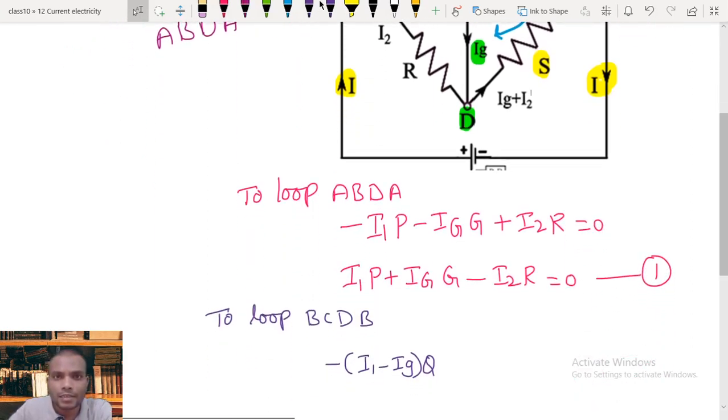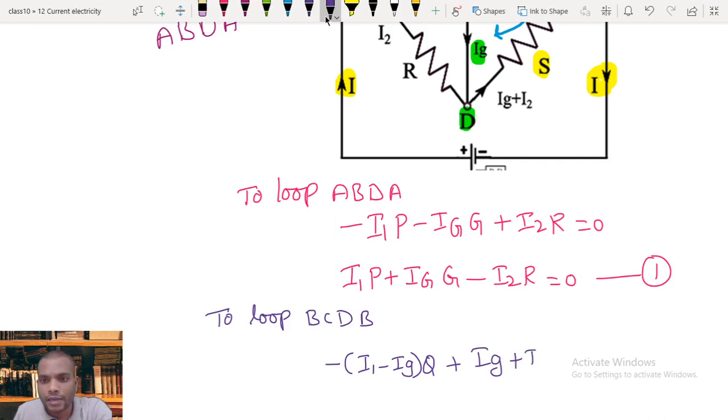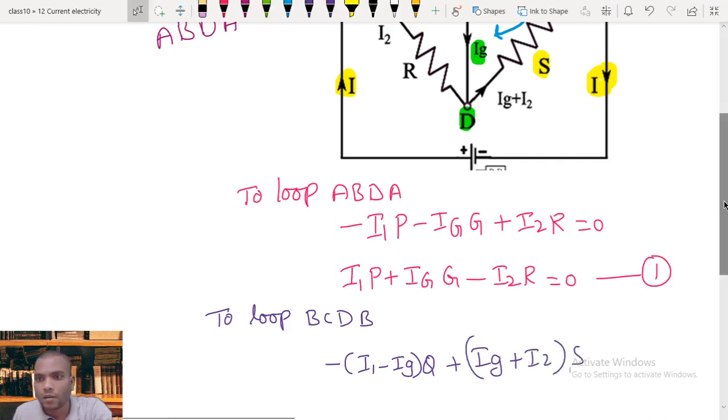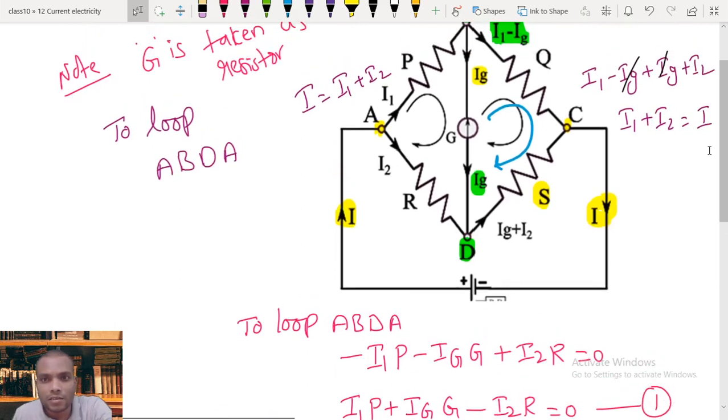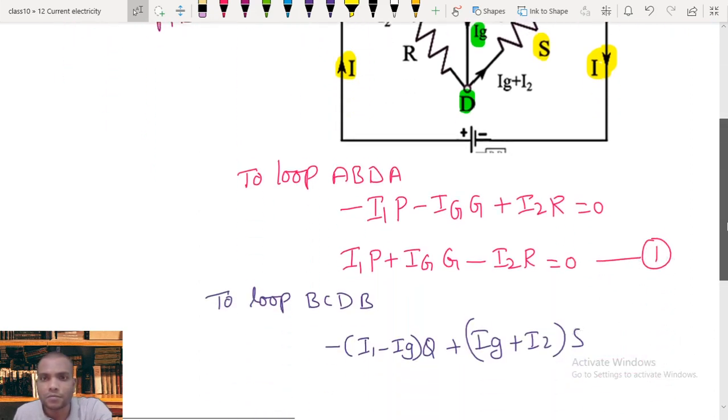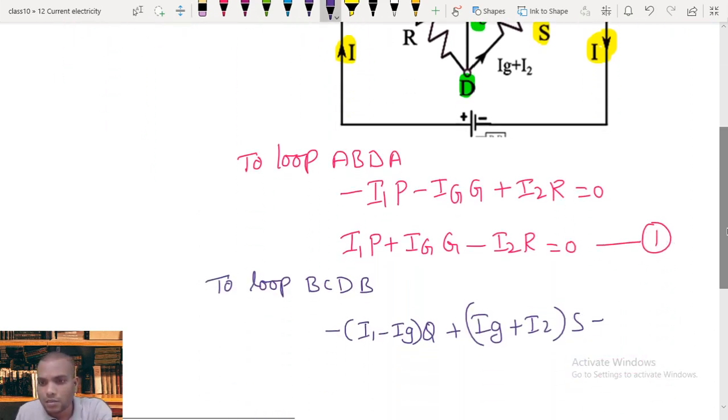So there I get plus Ig plus I2 times S. Now when it comes to the galvanometer resistance, my direction in the loop and the galvanometer current are again opposite, so I get that as a positive value. So plus Ig times G, which is equal to 0.